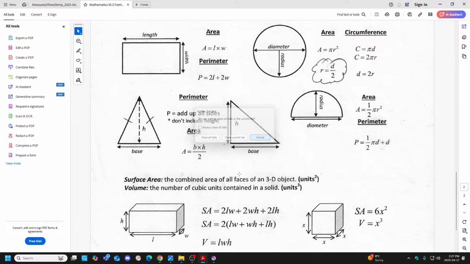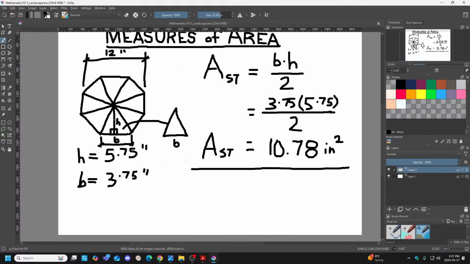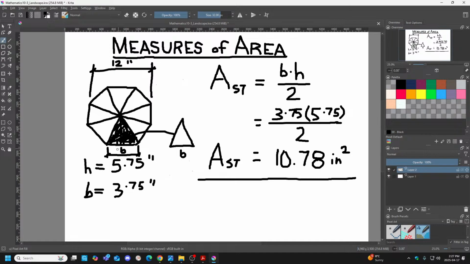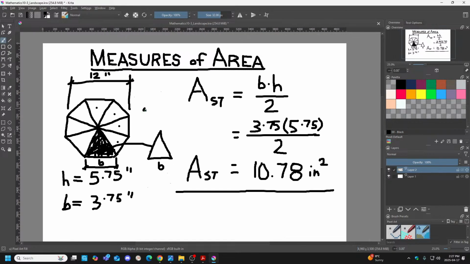All right, so now we just got to count. We just know this area. So we have 1, 2, 3, 4, 5, 6, 7, 8. Octagon. That's what an octagon is, guys. Octagon shape.